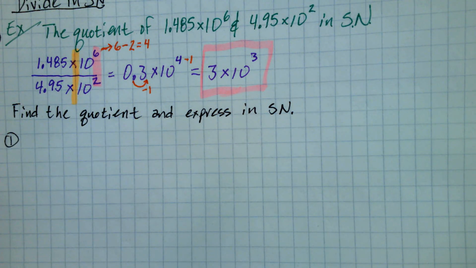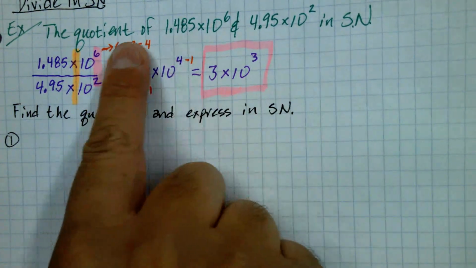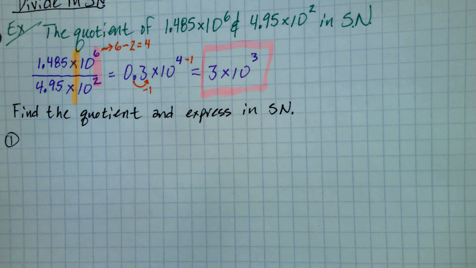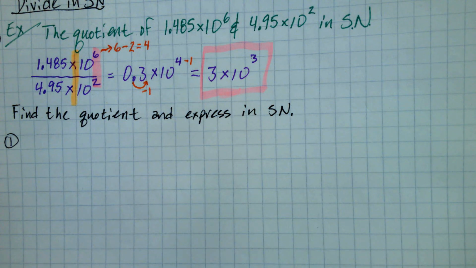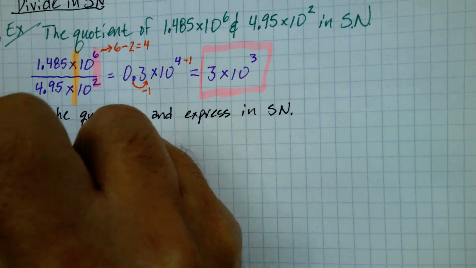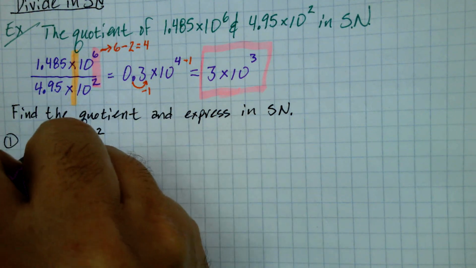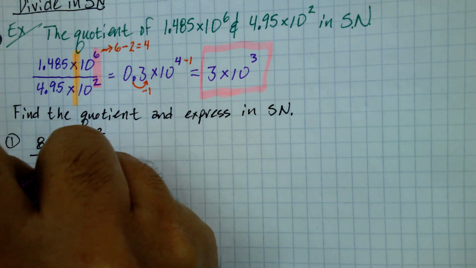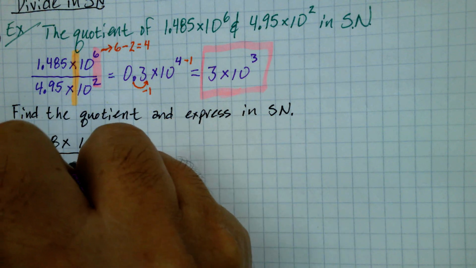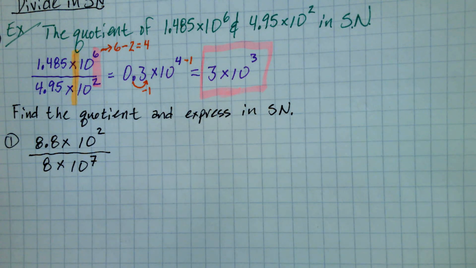I won't be writing the sentence, the quotient of. In your Delta Math assignment, every problem you're going to see is going to be written this way, but you want to set it up as a fraction like I just did. Okay? So this is number 1. Let's do 8.8 times 10 squared over 8 times 10 to the 7th. Okay? So this is what we're going to be dividing.